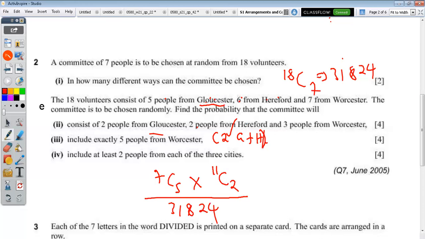Okay, so 7 choose 5 times 11 choose 2 over 31,824, which gives you 385 over 10,608.